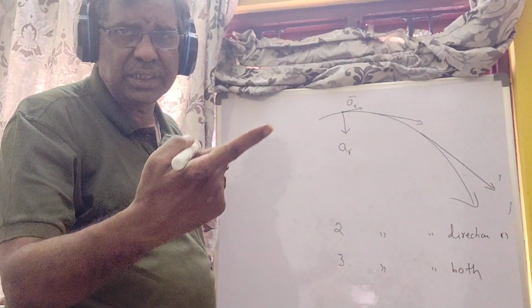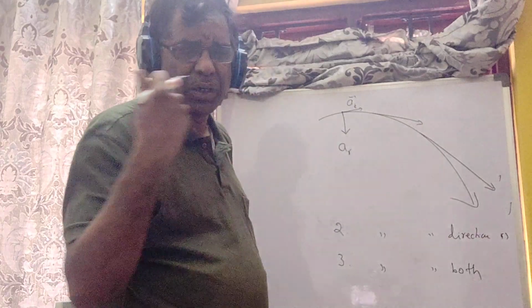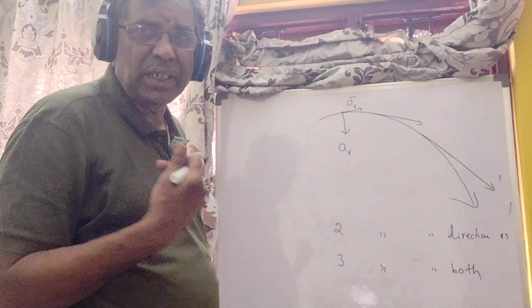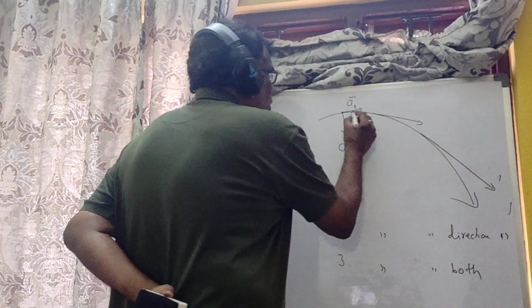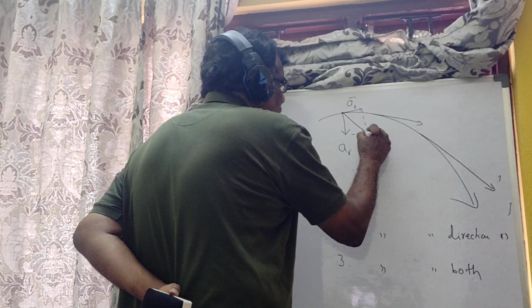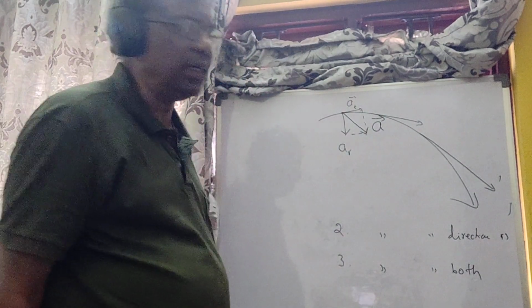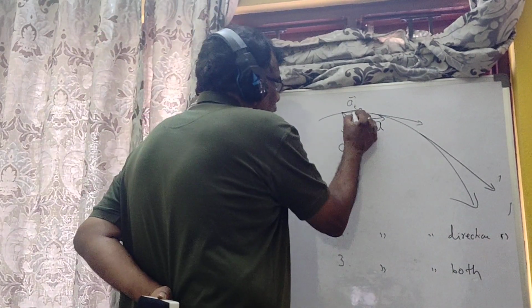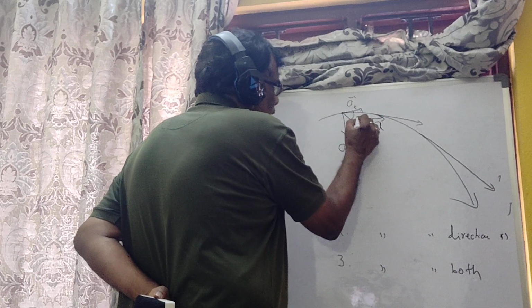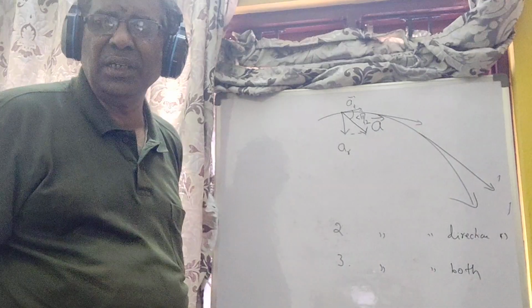If the magnitude decreases, the acceleration is bound to be opposite to the direction of motion. So the resultant acceleration vector makes an angle which is acute with the velocity.